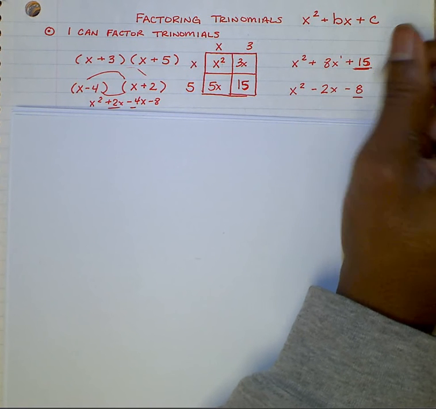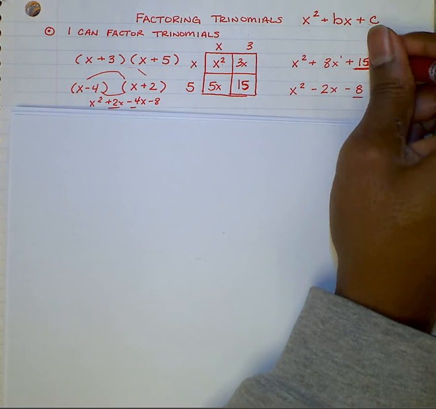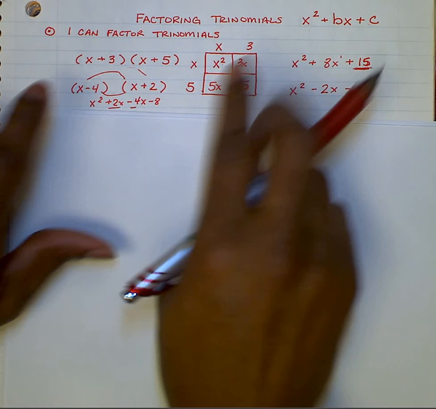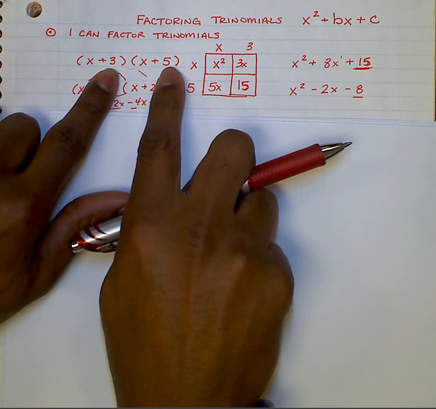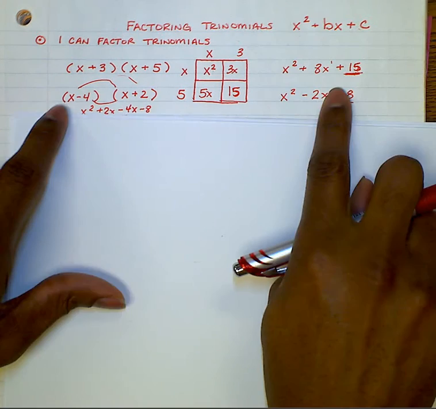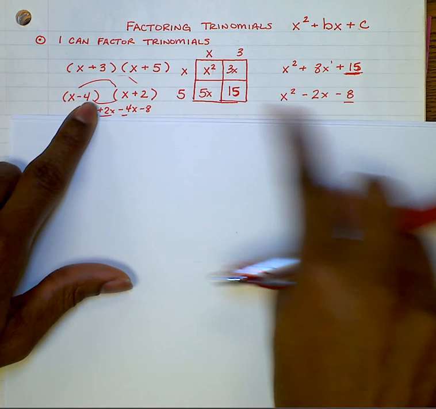Notice that c, this last number, was always these two numbers multiplied by each other. 3 times 5, 15. Negative 4 times 2, negative 8.